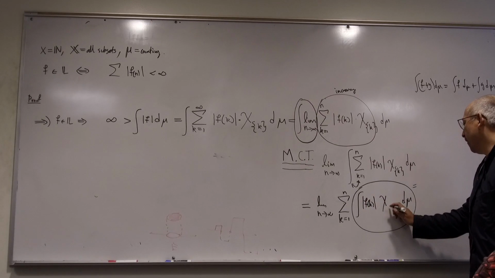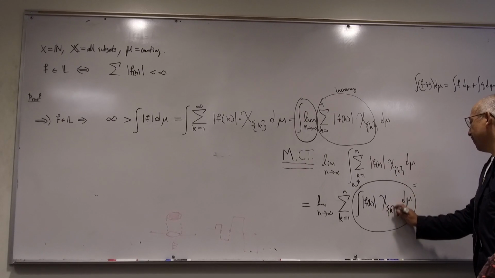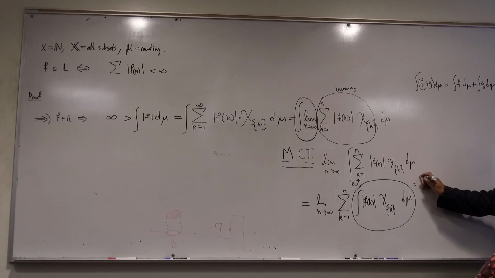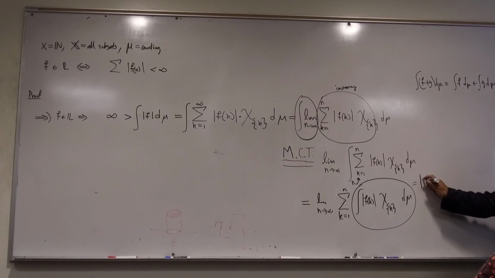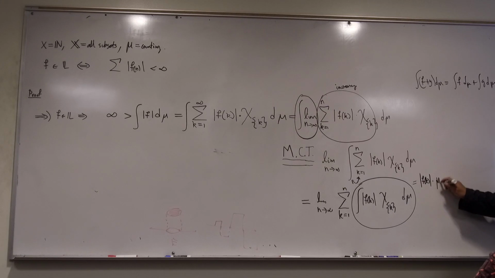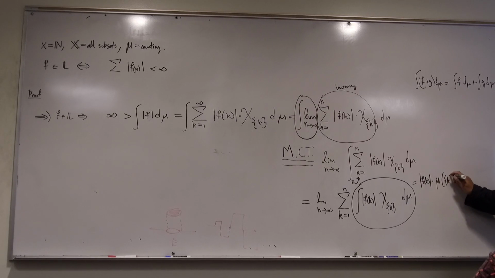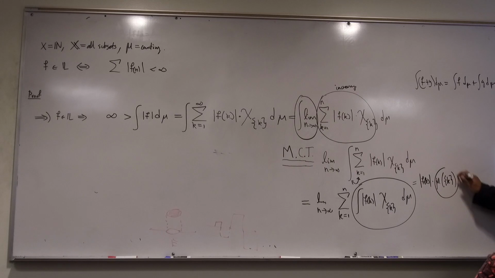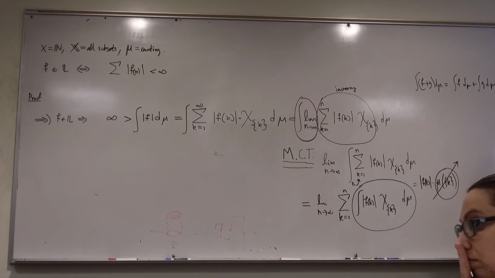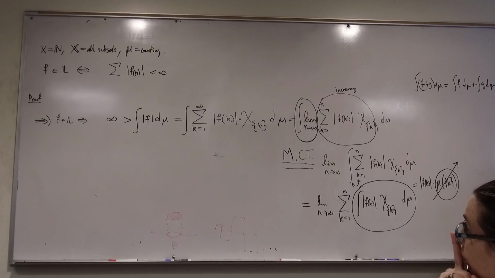And here was the singleton k. So what is this integral? This integral is the absolute value of f of k times the measure of the singleton k, alright? So I'm going to ask Ted, how much is the measure of this set?